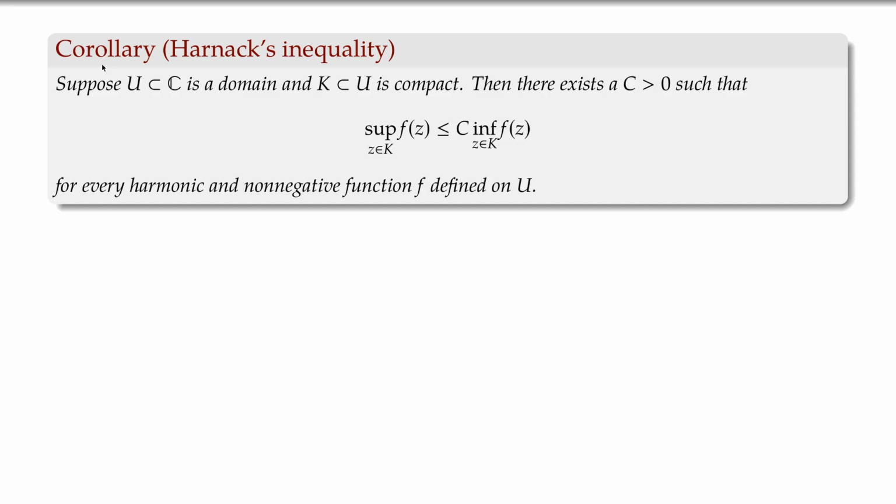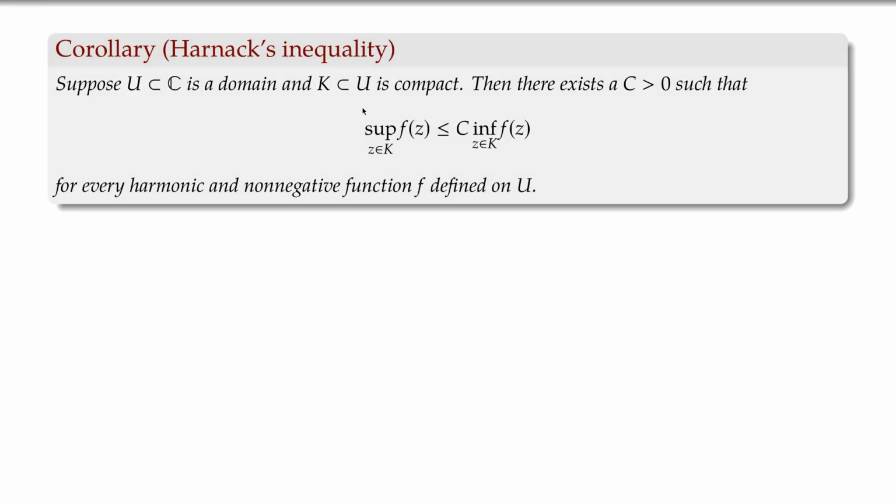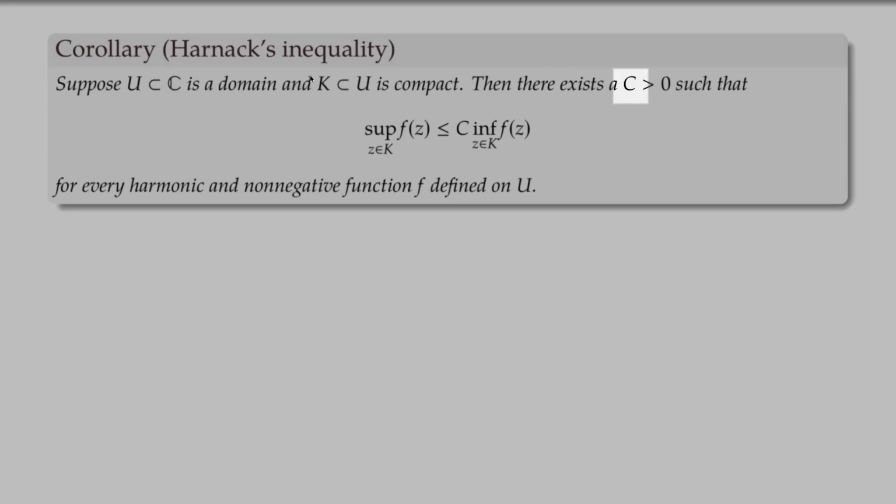For an arbitrary u, so that would be the big disk, and an arbitrary compact k would be like the small disk, right? So Harnack's inequality now says that there exists a c, and this c only depends on this k and the u.